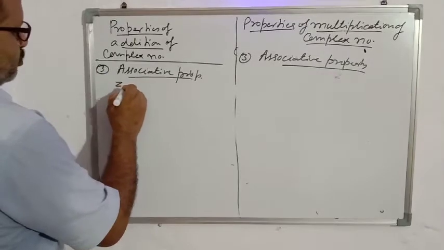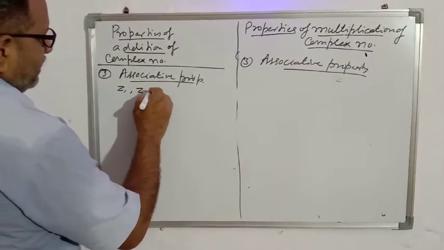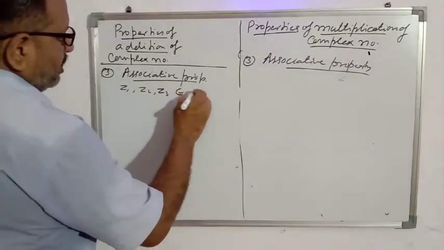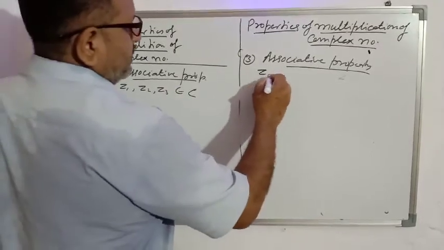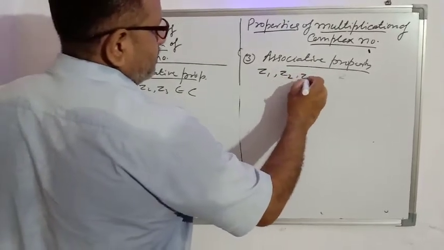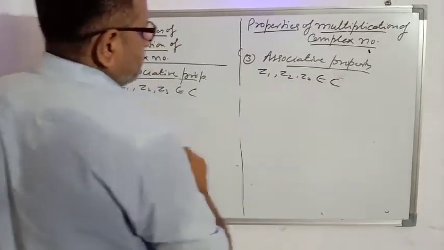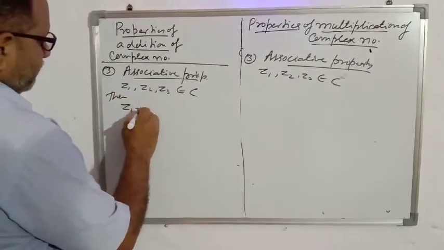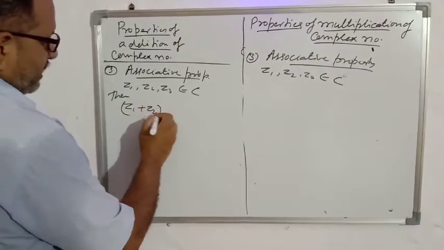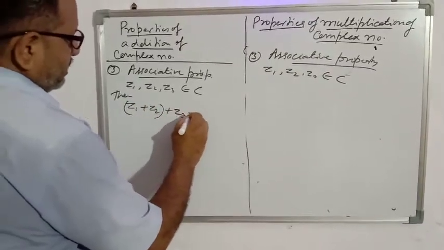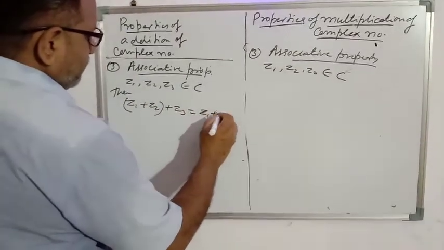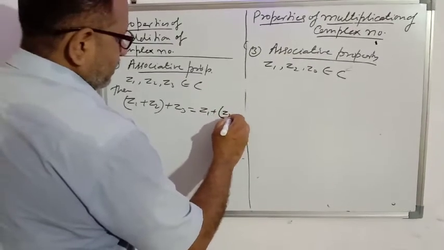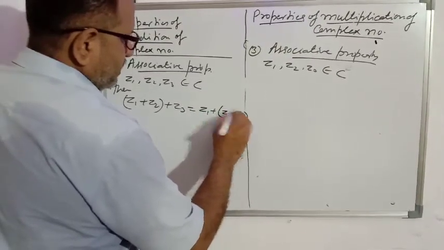So in associative property, we will take three elements from the complex number set. Z1, Z2, Z3 belongs to the complex numbers. Then Z1 plus Z2 in bracket plus Z3 will be equal to Z1 plus in bracket Z2 plus Z3.